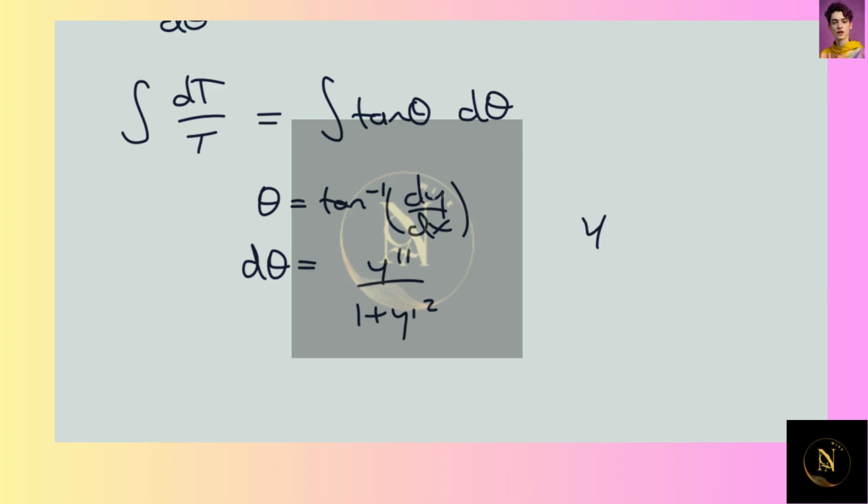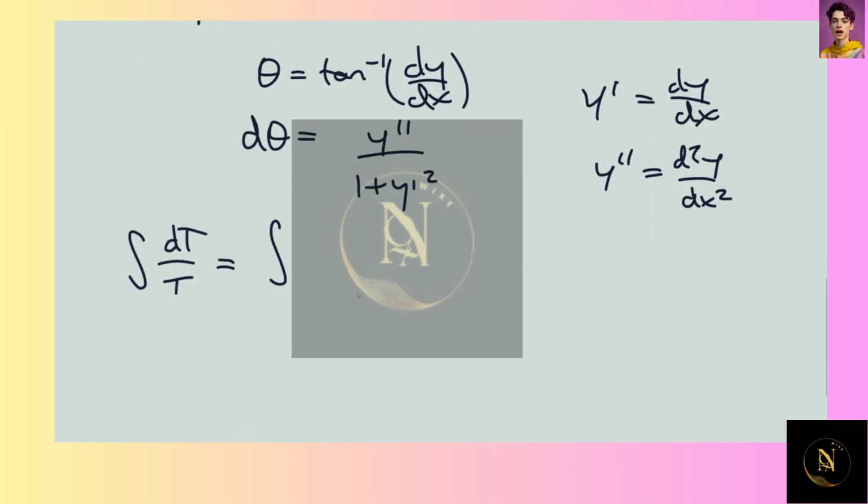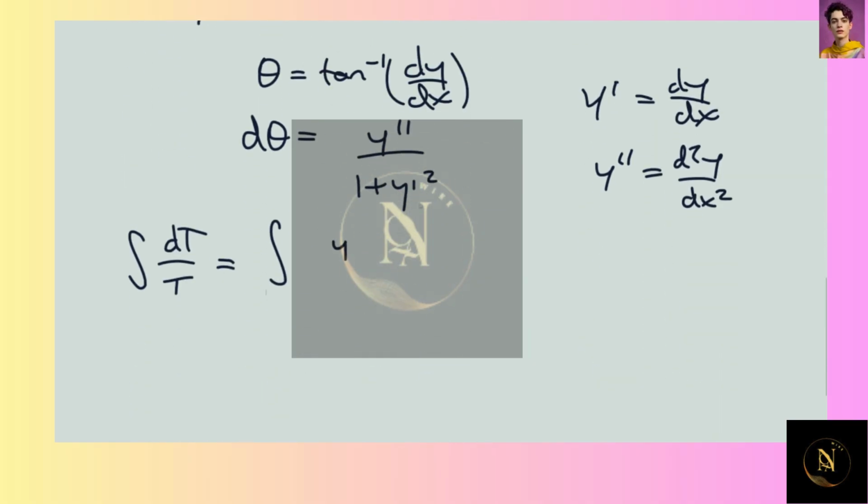Well, y dashed is dy by dx, y double dashed is d2y by dx squared. So we have the integral dT over T is going to be equal to the integral. Now tan theta is y dash, so we get y dash y double dashed over 1 plus y dash squared dx.